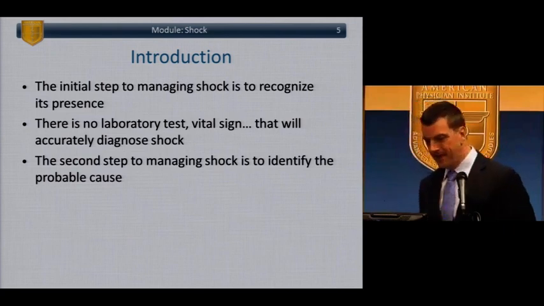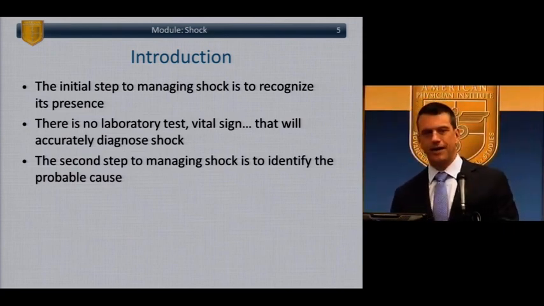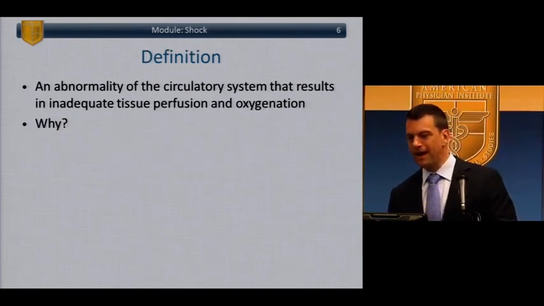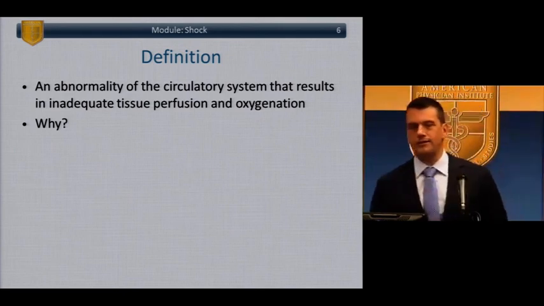The second step is to identify the source or possible cause: what is going on in this patient. By definition, shock is an abnormality of the circulatory system that results in inadequate tissue perfusion and oxygenation. Again, inadequate delivery of oxygen to the tissues is the end of all forms of shock. There are many ways to find this.